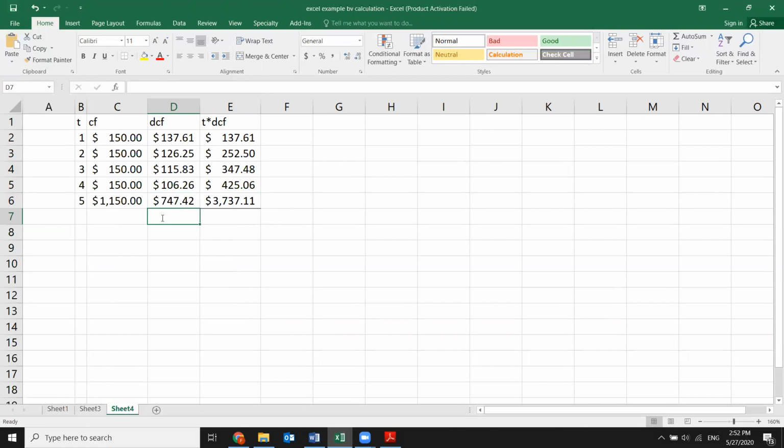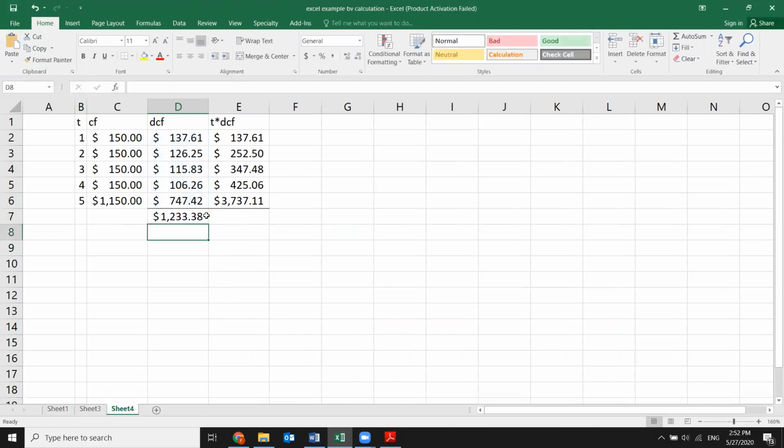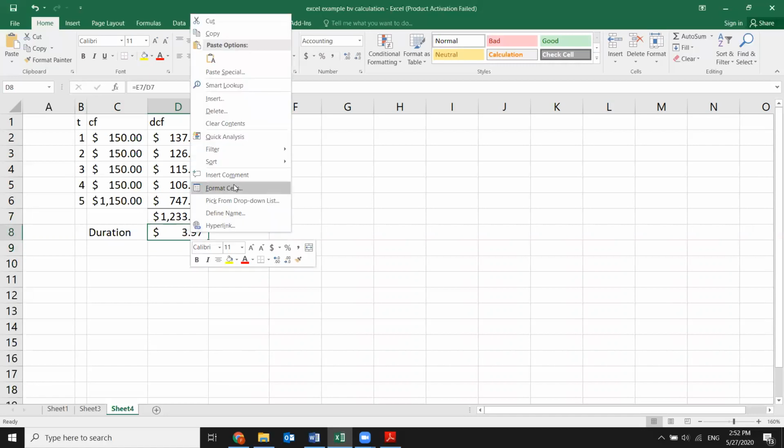So as you sum it, okay, duration is equal to this divided by this, and it's 3.97, which is not dollars, but is in terms of years, okay?